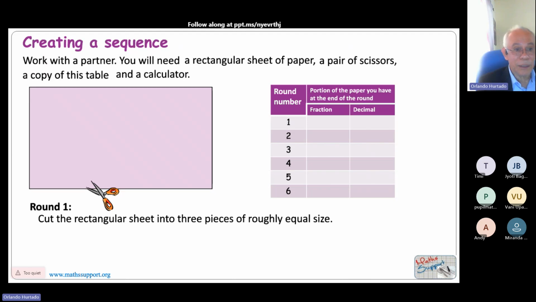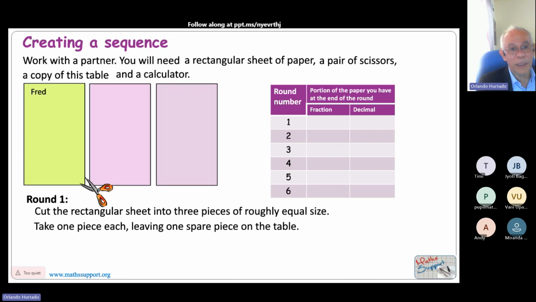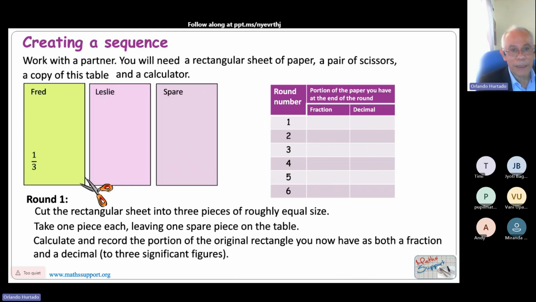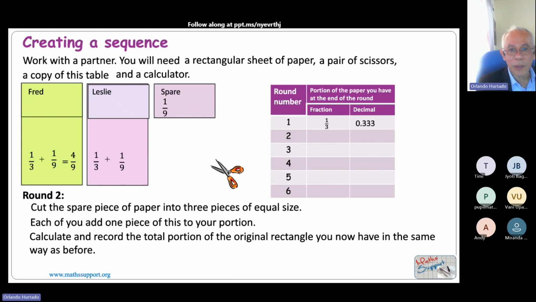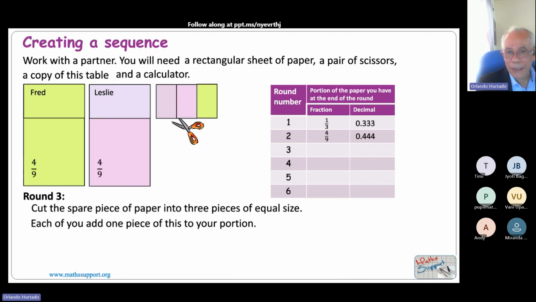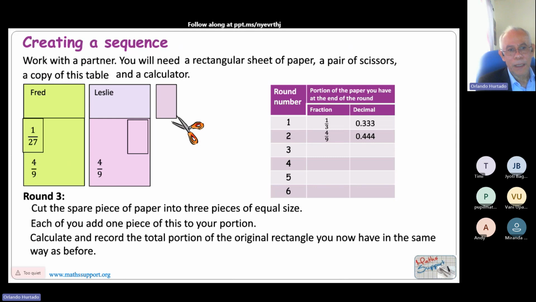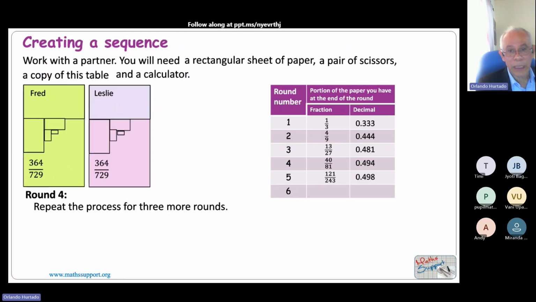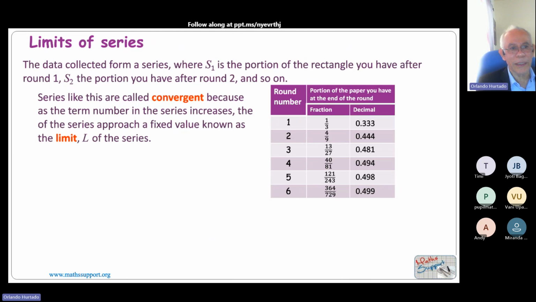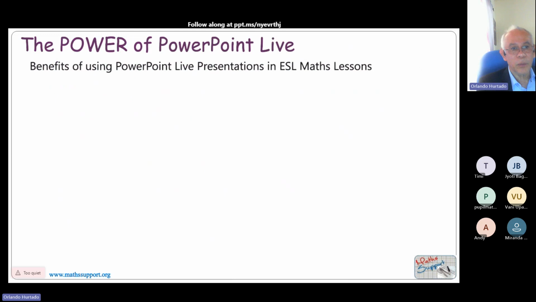But here, they can understand the meaning of a limit with an interactive activity that they can do with their friends, and they come up with some information that helps them to understand the meaning of a limit and what limits are in algebra, and also how limits are going to be used in calculus. So with this, they interact, they work in pairs, and we as teachers can follow what they are doing.